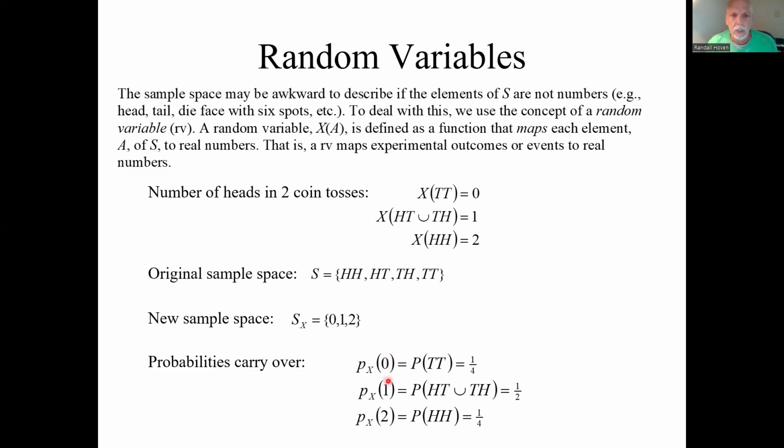But anyway, here's the notation. P for the probability, X means for that random variable X with some kind of argument. In this case, the possible arguments were 0, 1, and 2, which means the possible realizations of the random variable.